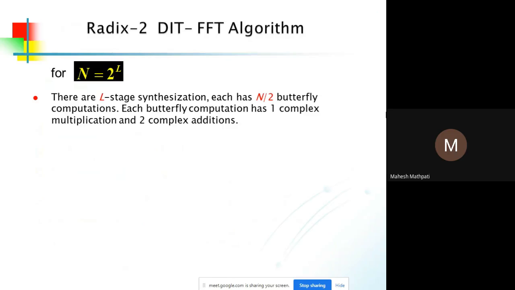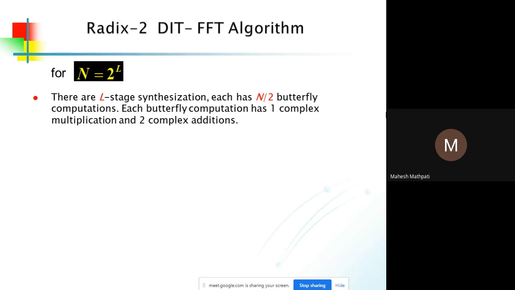Just note down this point. This is very important again. For n equals 2 to the power v, as we are going with v, we will go with v only.